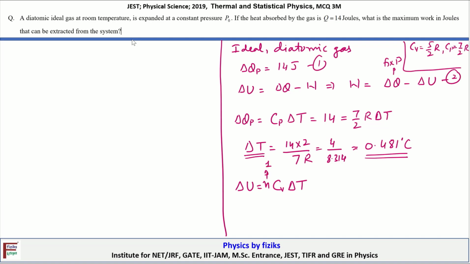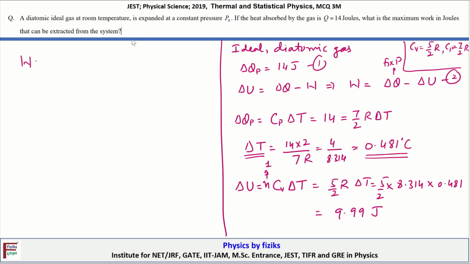So Cv is equal to 5/2 R, and then multiplied by delta T, that is equal to 5/2 into 8.314, the value of the gas constant, multiplied by delta T, which is 0.481. So delta U comes out to be equal to 9.99 joule. Now we have both of the quantities to calculate the value of W.